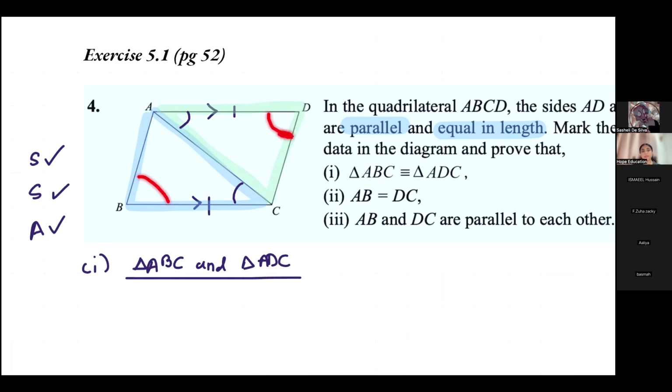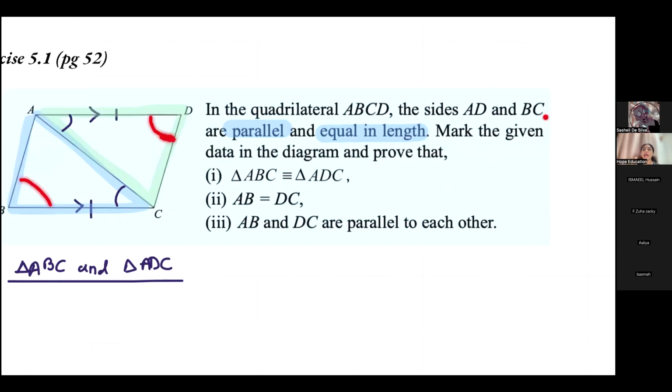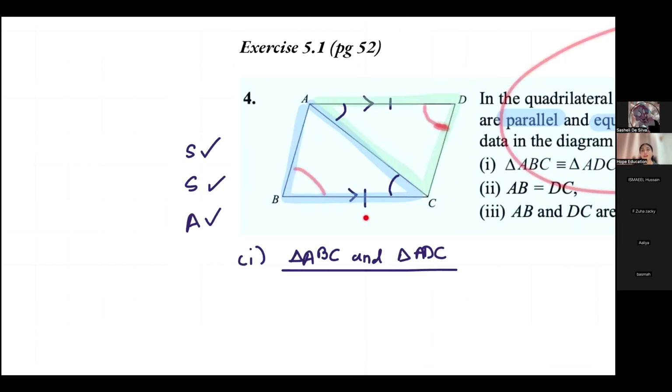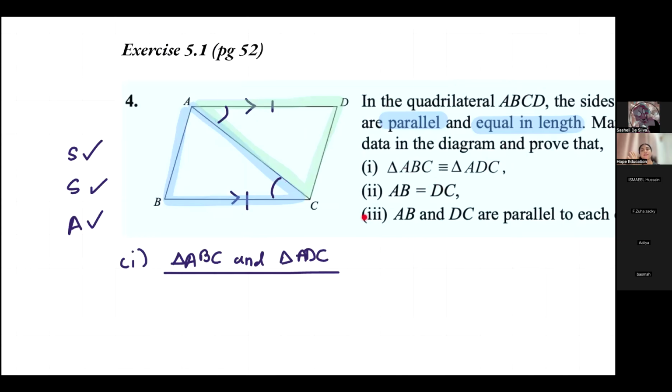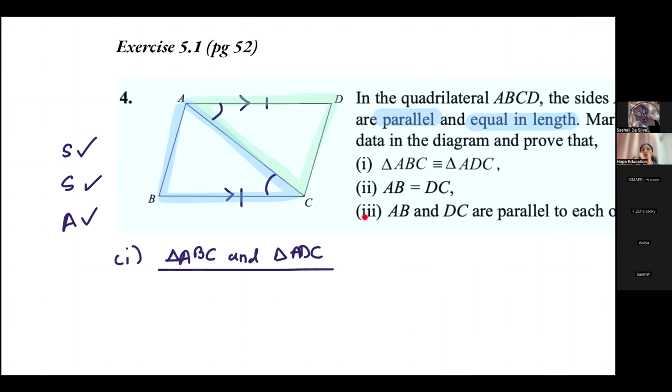No. We have nothing to say, no data is given in this question. So we have to use the data that is given to us, and from the given data only, we are going to mark the information and we can say this is equal to this is equal to this, therefore we use this case. So out of the 4 cases that we have learned, what case we use completely depends on the information that is given to you.